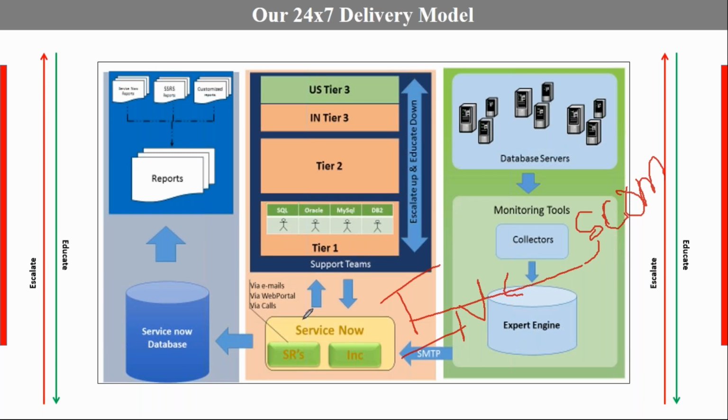Now what is happening? Even your ticketing tool will maintain a database, because it needs to store the report. For example, if you are working on a problem management ticket or something, you need to fetch the report.